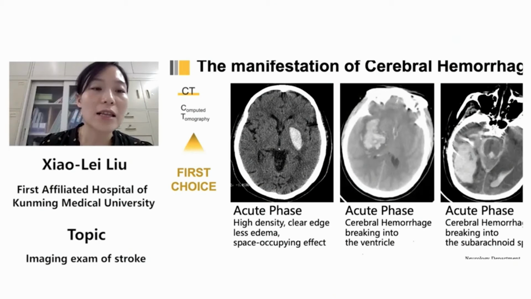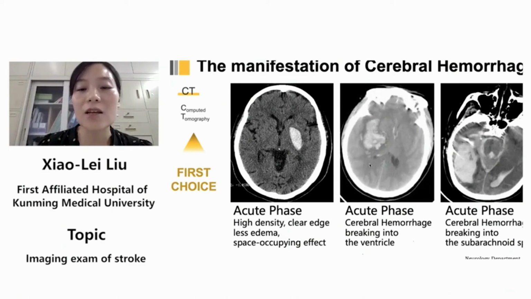So it is the first choice for the patient if we suspect a cerebral hemorrhage. In the acute phase, we can see a lesion with high density. It has a clear edge, less edema, and a space occupying effect, and some are worse.